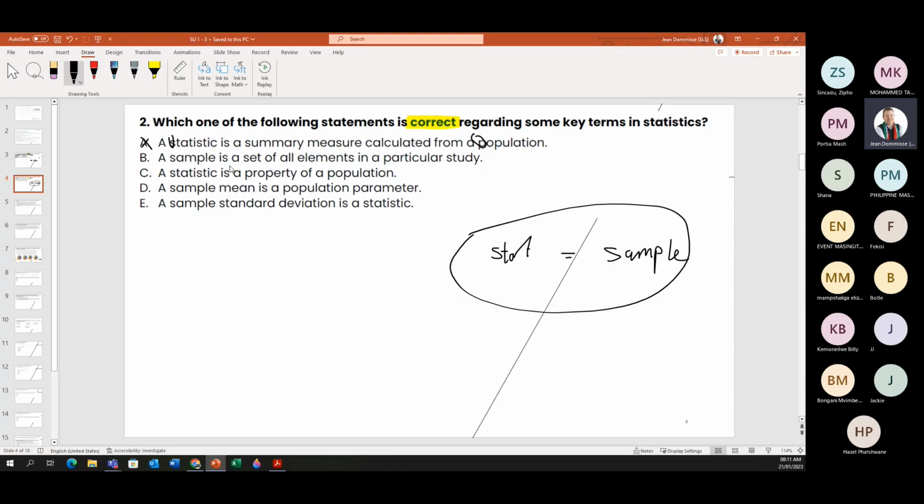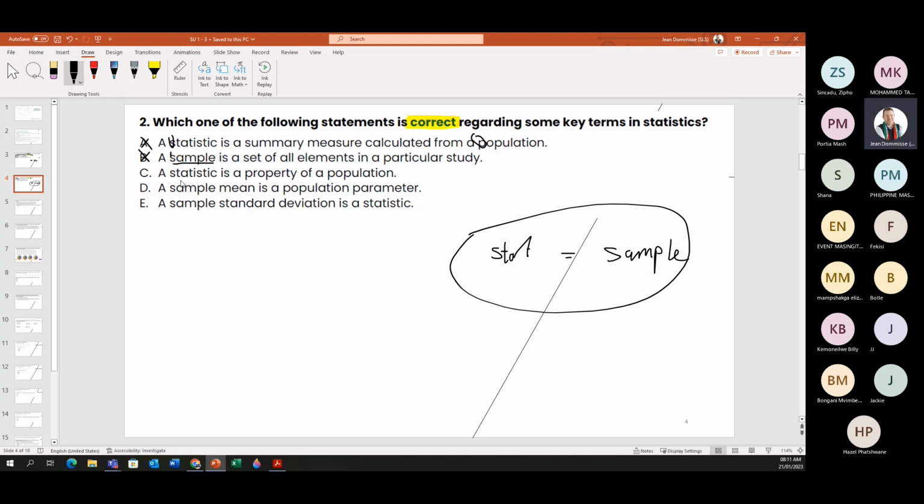A sample is a set of all elements in a particular study. So very similar to the previous one. That is incorrect. It should be population. If we wanted it to be the sample, then a sample is a subset of all elements in a study. So if we wanted it to be correct, it should have said subset and not everything.